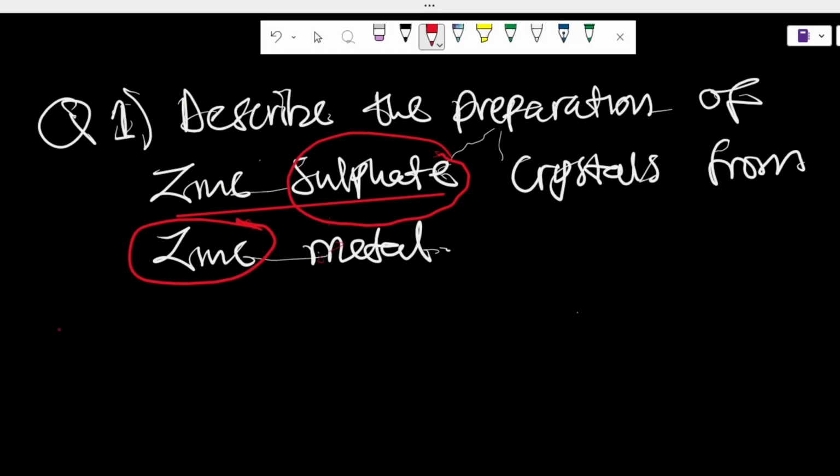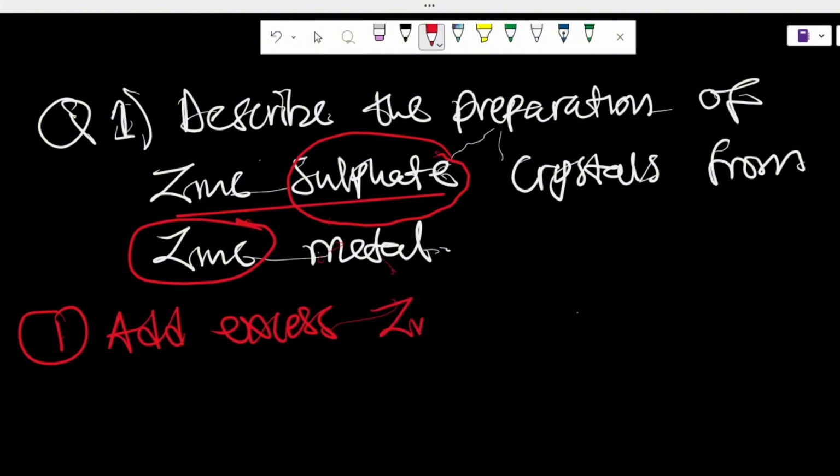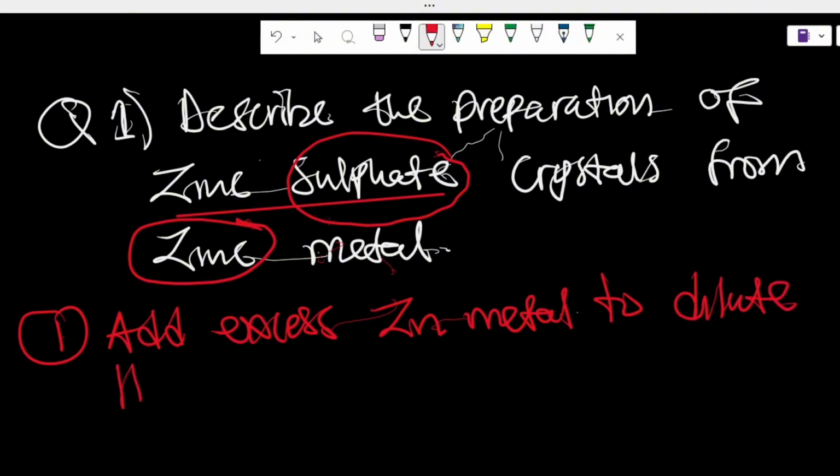So the first thing is you're going to add excess zinc metal to dilute sulfuric acid. So when you do that, what reaction are you going to get?